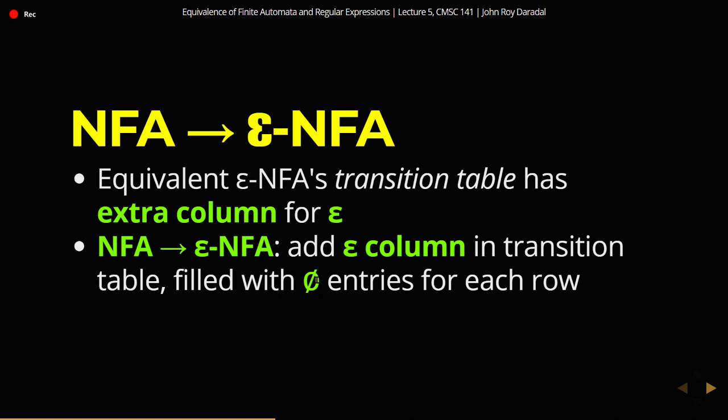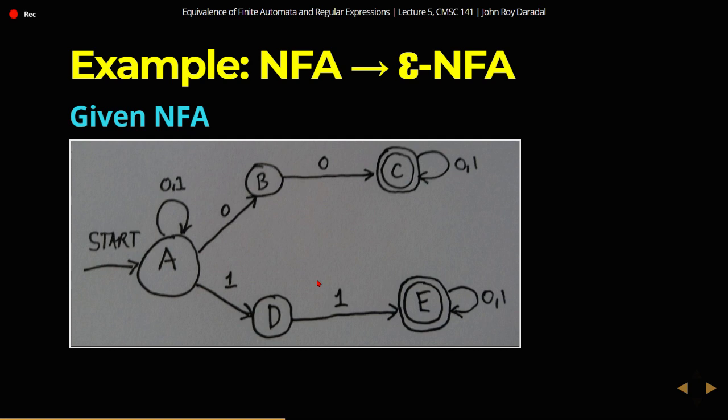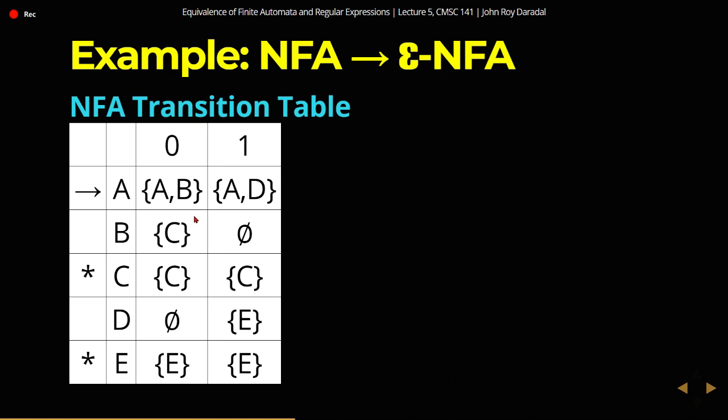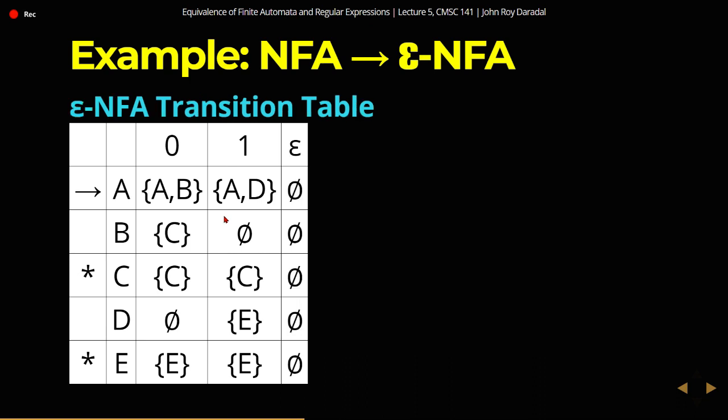Okay, so for each row. So let's take this NFA for example. The transition table looks like this. Okay, so you have a set of states for 0, set of states for 1, possibly empty, right? To convert this to epsilon NFA, what you simply need to do is just add this extra epsilon column and fill it with null.